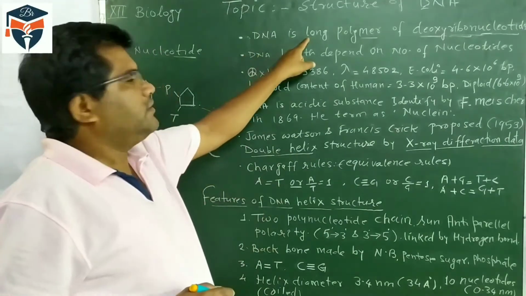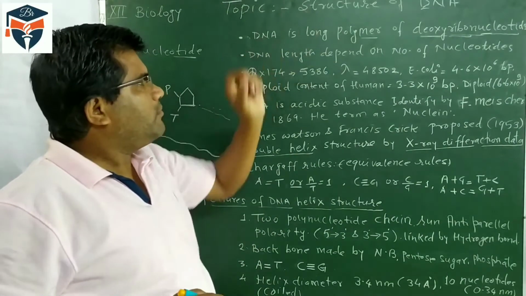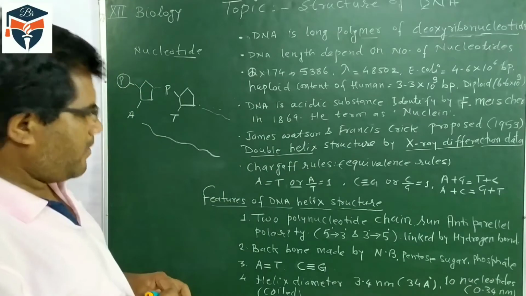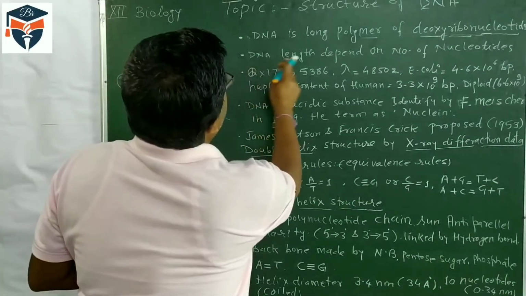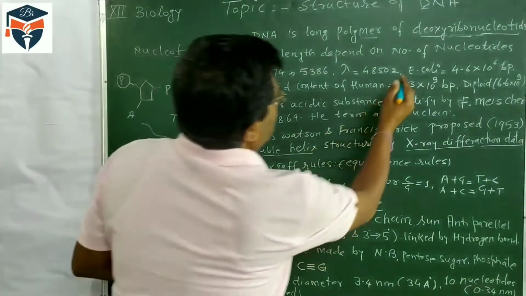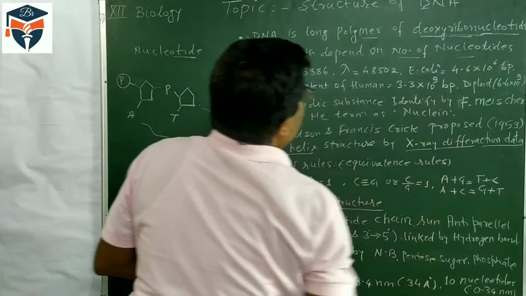So DNA is a long polymer of deoxyribonucleotides.